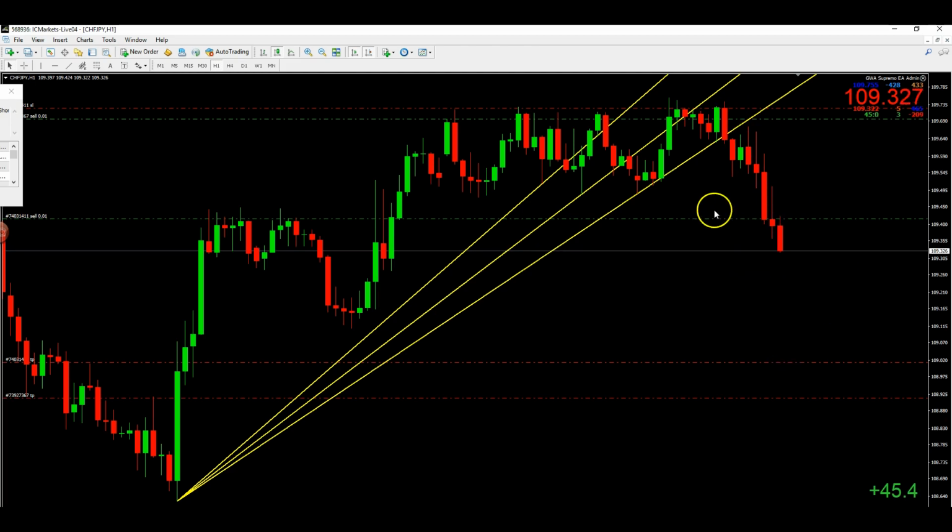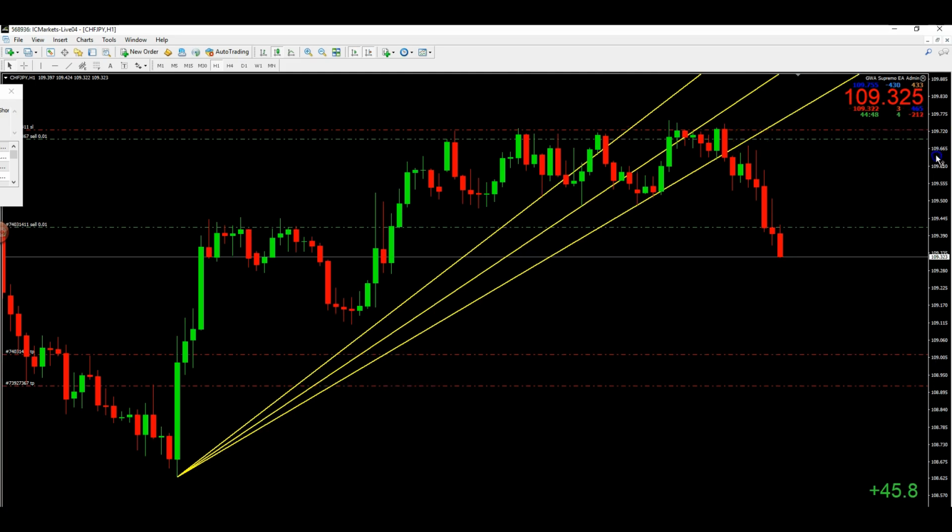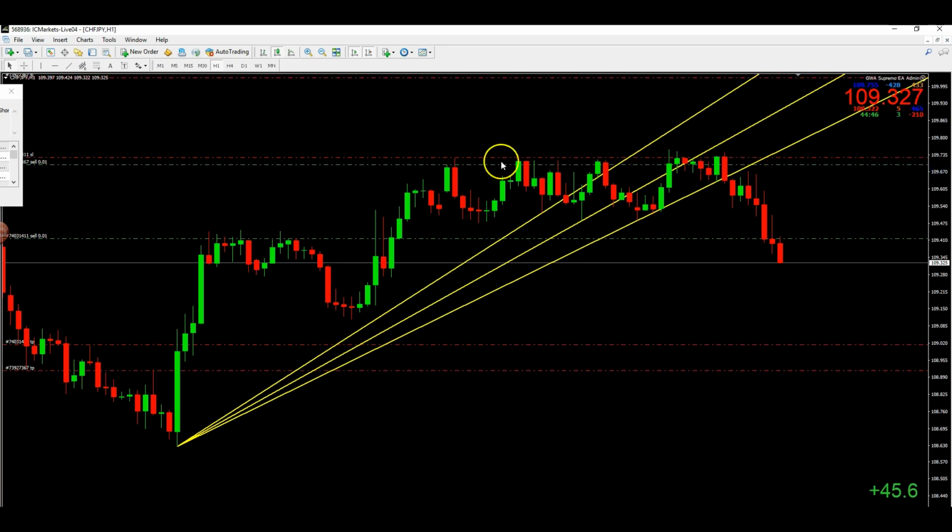Now, even as I entered the trade here on my own, let's ignore the trade entered by Supremo. As I entered the trade here close to the top, where would I have placed my stop loss? I would have placed the stop loss, obviously not necessarily using structure in this case.